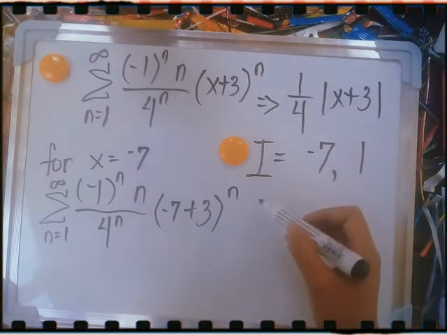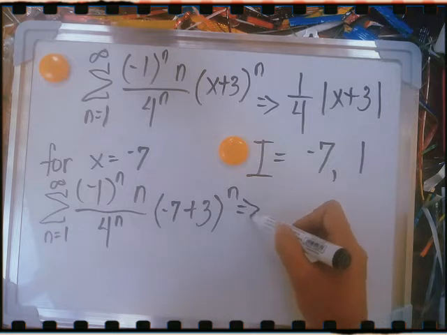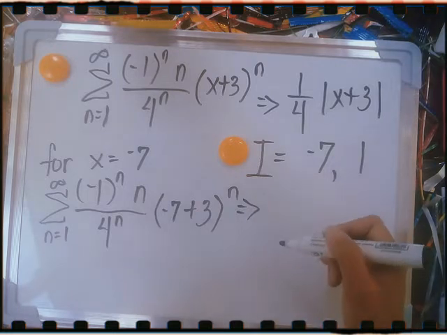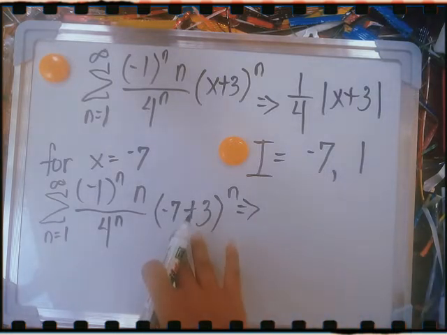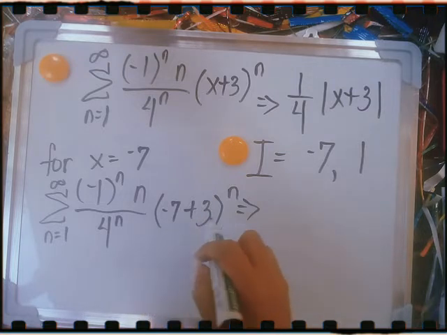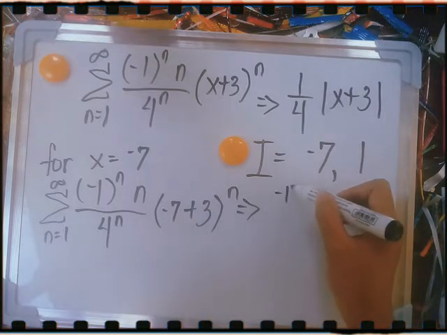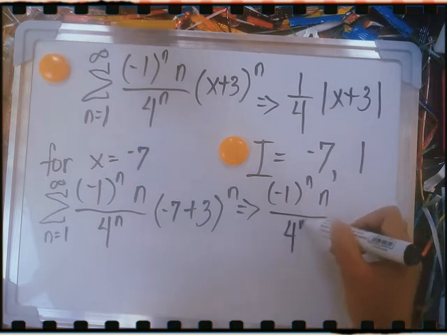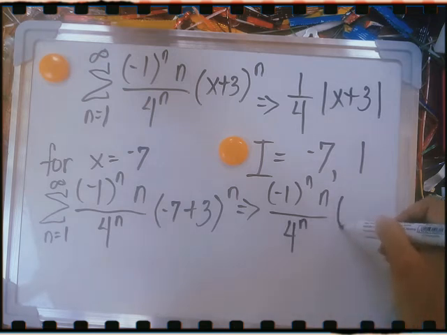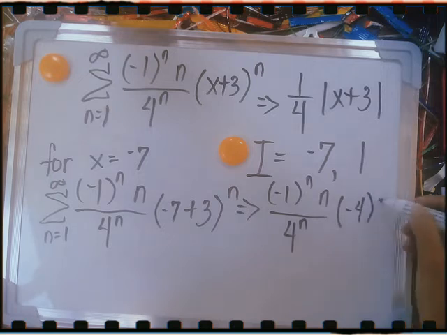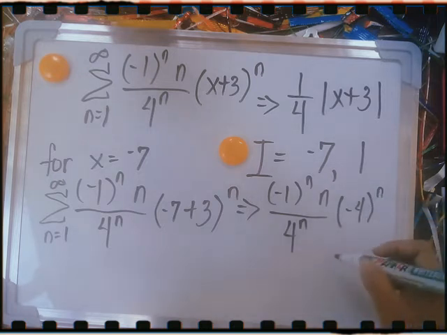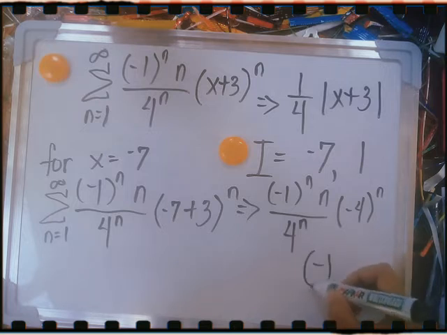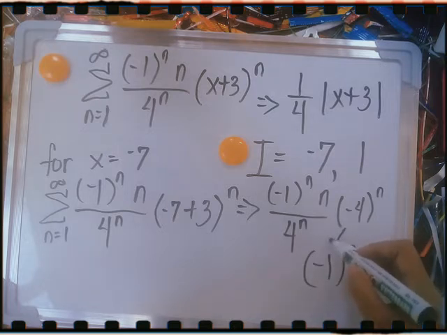What will happen next? So we have to solve this. Negative 7 plus 3. So we have negative 1 raised to n times n over 4 raised to n times negative 7 plus 3 will be negative 4 raised to n. Again, paano nga tayo mag-breakdown ito? We have negative 1 raised to n. Ito yan.